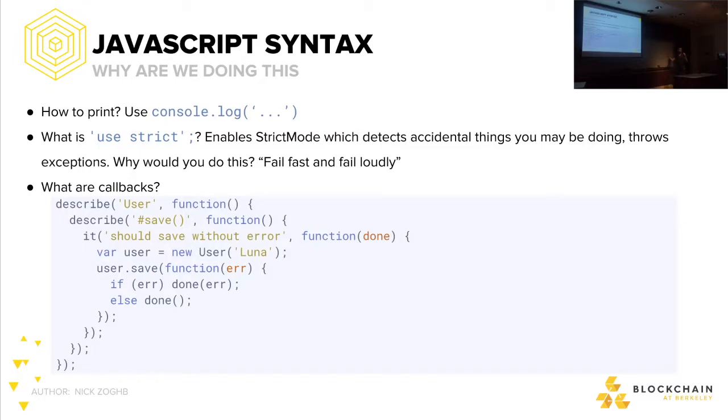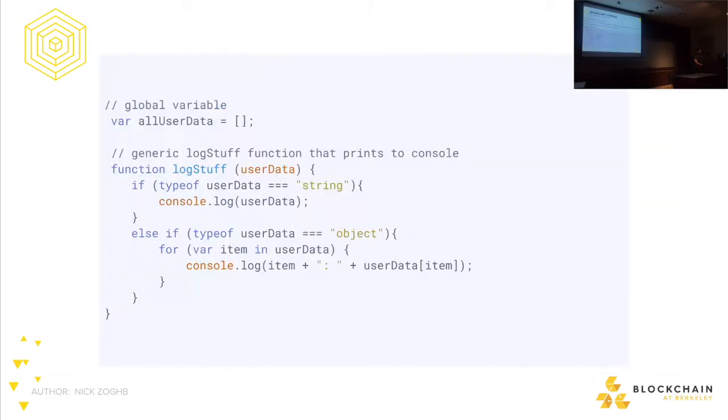Okay. So this is an example of how you'd use it. You define a global variable, all user data, which is a list, and you define the function log stuff, which takes in an argument user data, and if it's a string, just print it, or log it, I guess, and if it's a list or an object, just loop through it and print all the items.